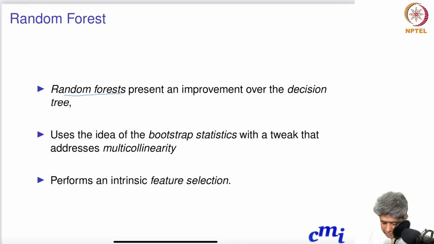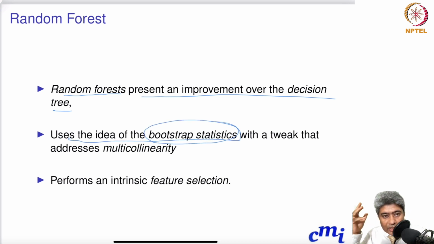So the random forest presents an improvement over the decision tree. It uses the idea of bootstrap statistics. Remember, we discussed bootstrap statistics. Random forest uses bootstrap statistics with a tweak that addresses multicollinearity. It's a beautiful algorithm. I have seen many algorithms, but random forest is one of the algorithms very close to my heart.